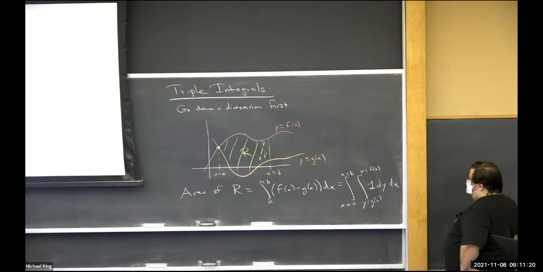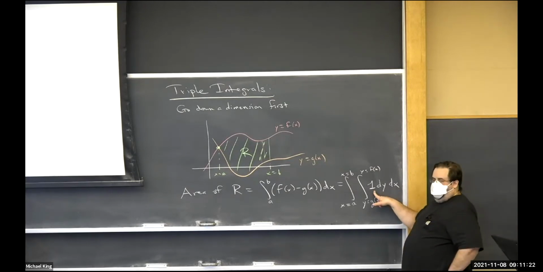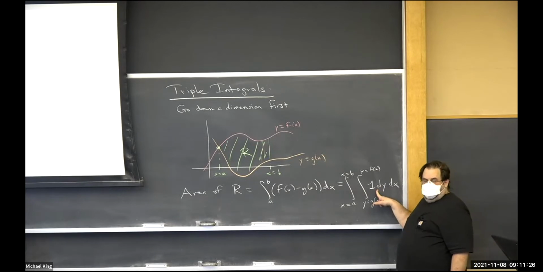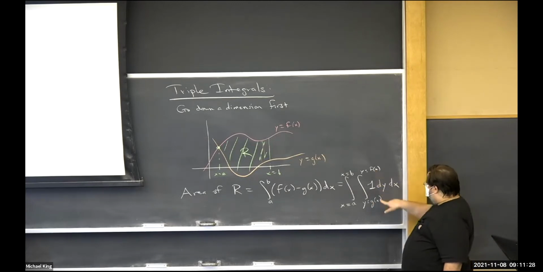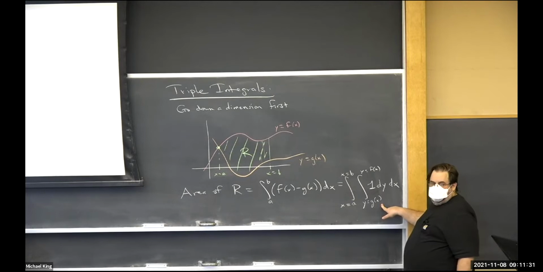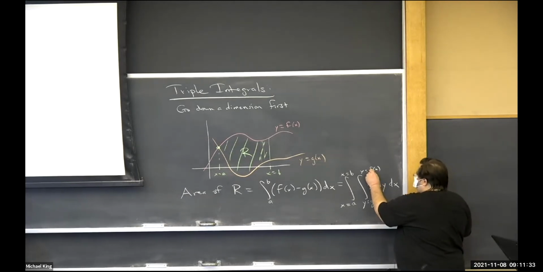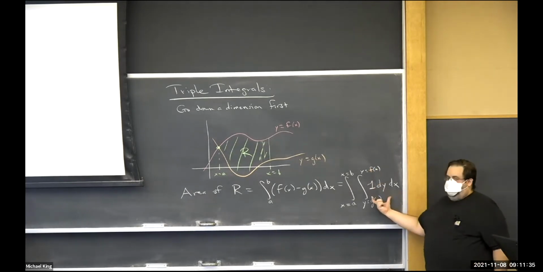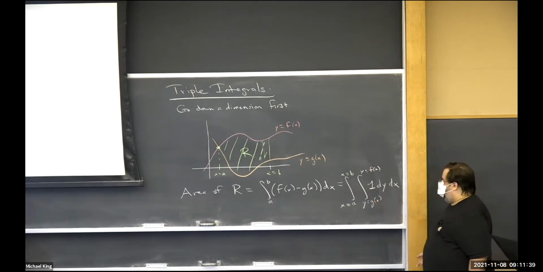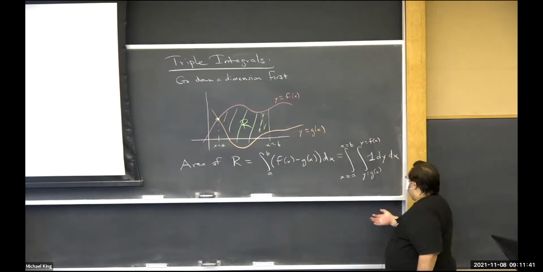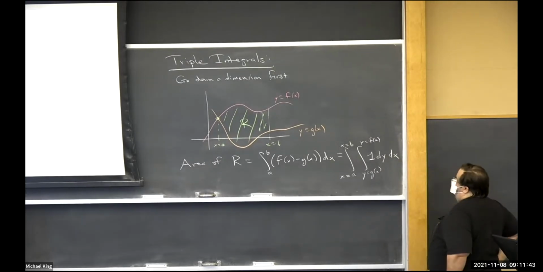That's right, because if you integrate 1 with respect to y, you get y, and you plug in the endpoints, you get f of x minus g of x. Do you agree that this inside integral is just f of x minus g of x? So we can rewrite a single integral as a double integral.